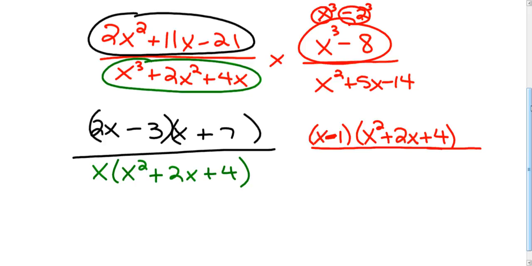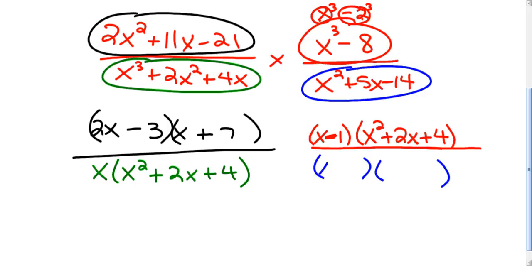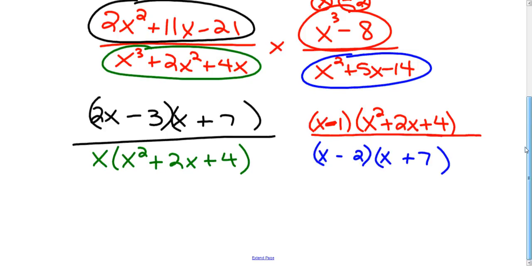And then lastly, I will take this and factor it. I have an x and an x, 2, 7, plus 7, minus 2. All right, so at this point, and actually I probably should have factored first and then flipped this, but here's the deal.